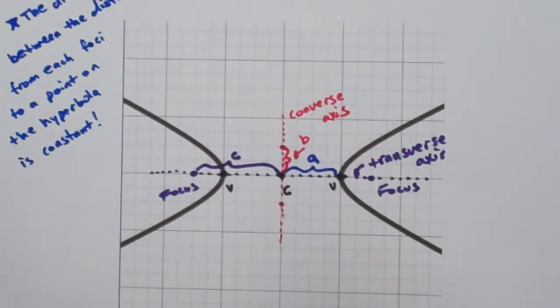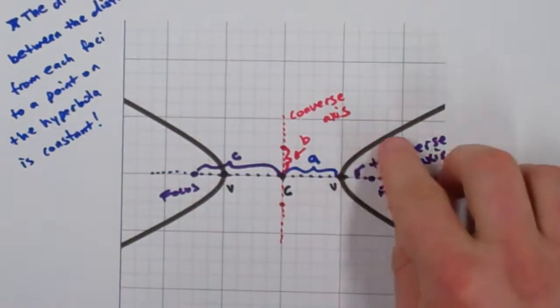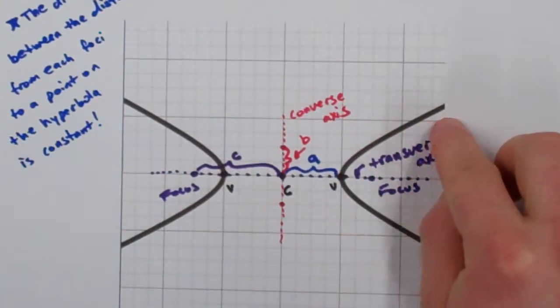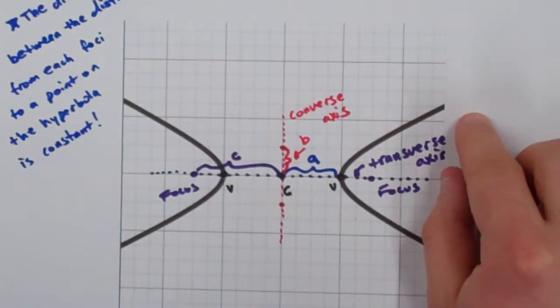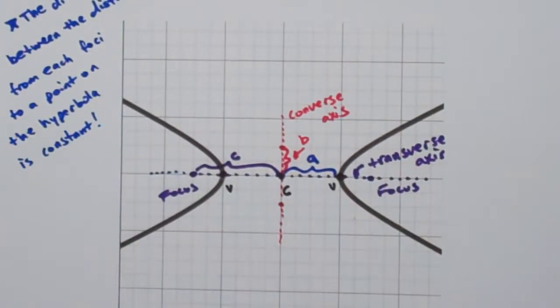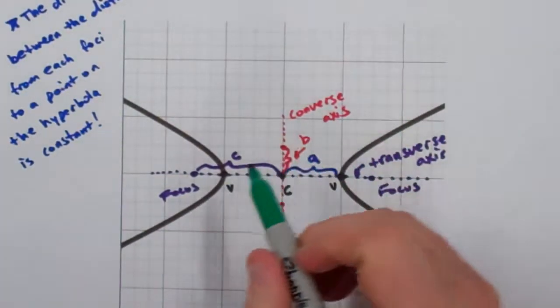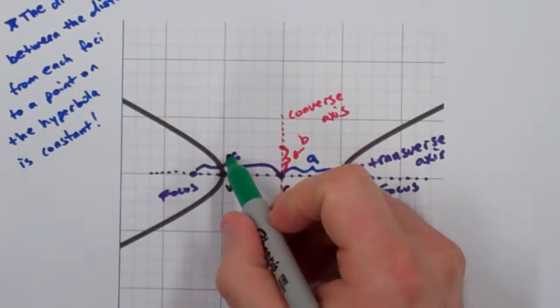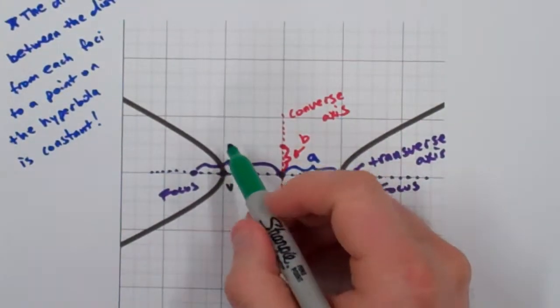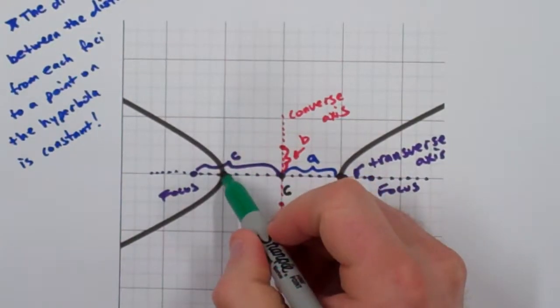A hyperbola, even though it looks like a couple of parabolas, even though the shape sort of looks like that, a parabola would kind of curve up a little bit more right here. A parabola doesn't have any asymptotes. A hyperbola, though, does have asymptotes. So to find those asymptotes, you can take kind of a box-like approach here and make a rectangle. We're going to take a look at one of the vertices.